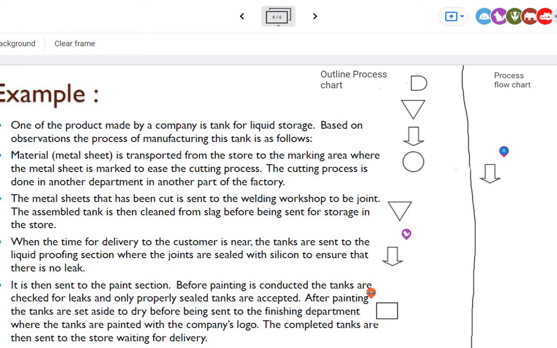For the first two, it is marking. Then you have cutting, and then welding or joining, cleaning slag.